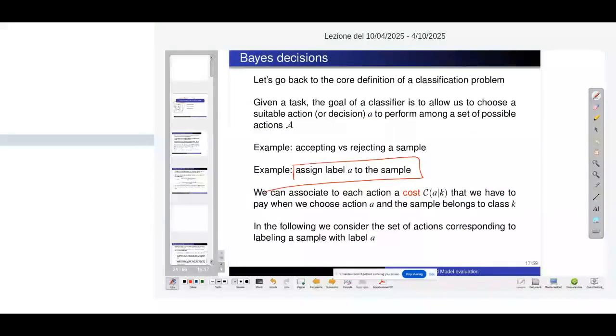That's what we did up to now, but in general whatever we say now can be considered in a broader sense. I can have different sets of actions with respect to the set of labels. We'll not see examples of this in practice, but know that whatever we say now is not restricted to having the set of actions equal to the set of labels. This is not necessarily true. So for every action that we can take, we have the cost of deciding to take action A when the sample is from class K.